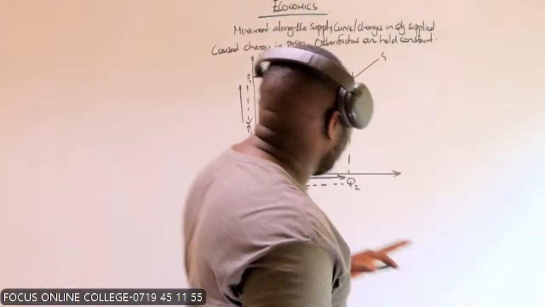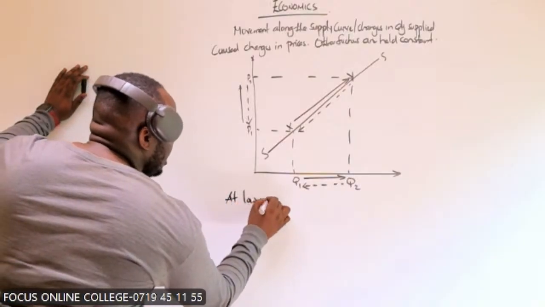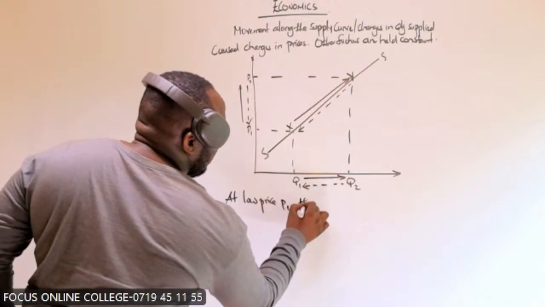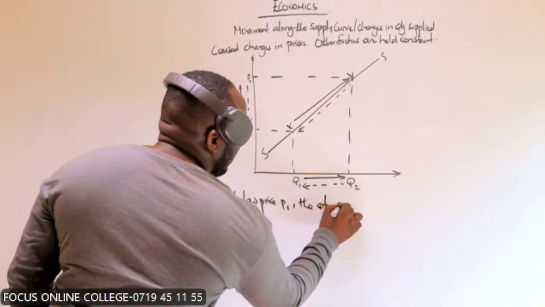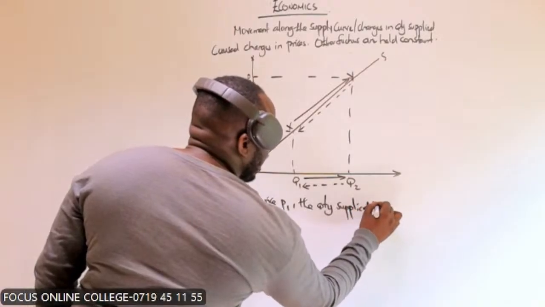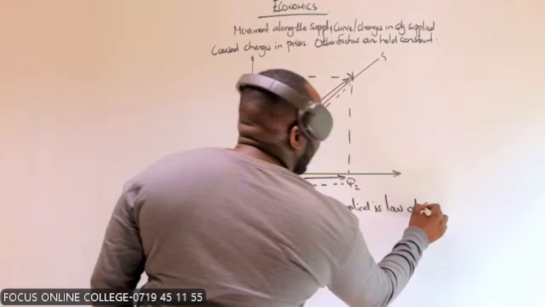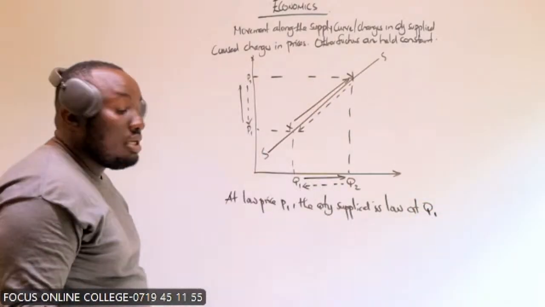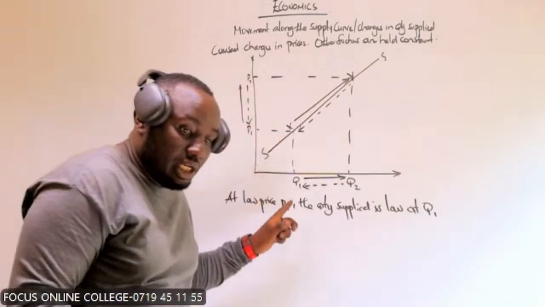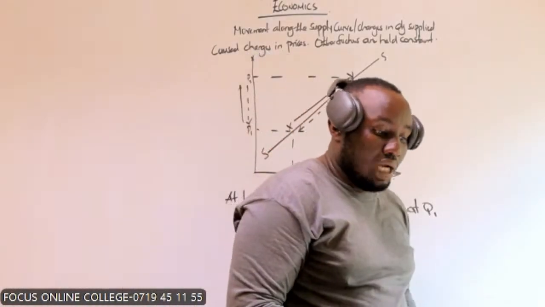I want to start by saying that at a low price, which we give as P1, the quantity supplied is low at Q1. Are you able to see that?